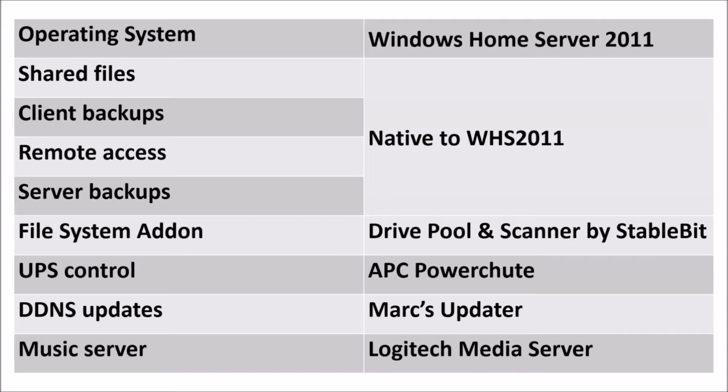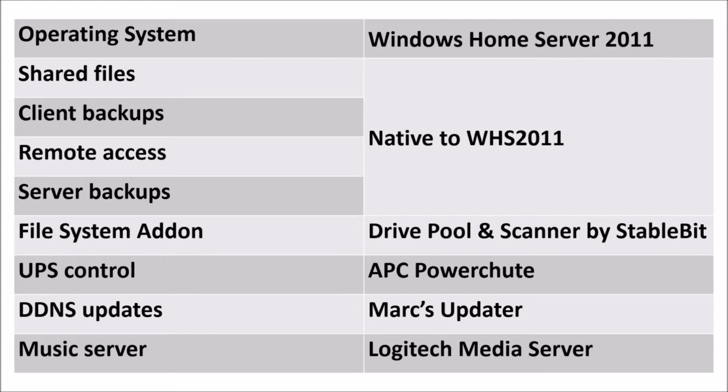In addition, it had a feature to do client backups on a regular basis for all the Windows PCs that I had connected on my local area network. It had remote access features, so I could go anywhere and use a browser to get connected back to my home network. I could get my shared files, and I could also remotely connect to any of my user PCs.